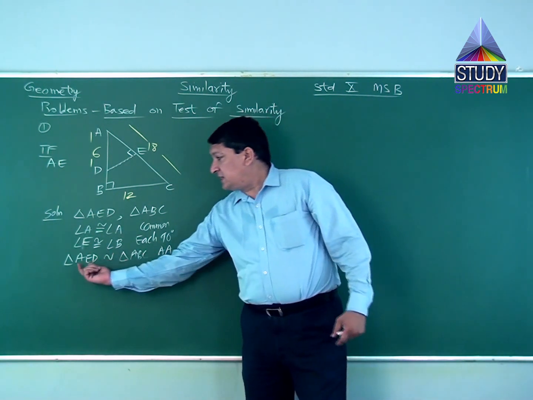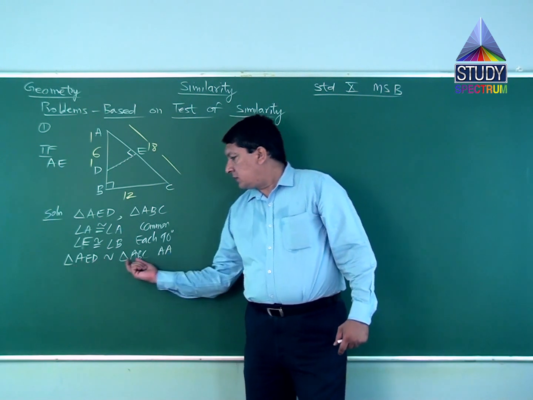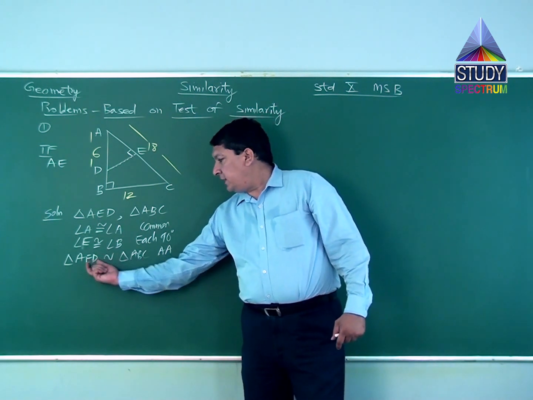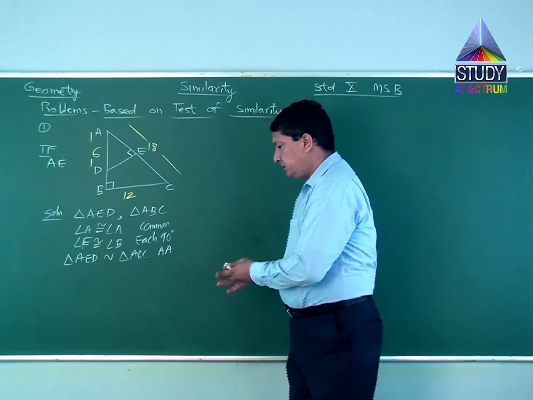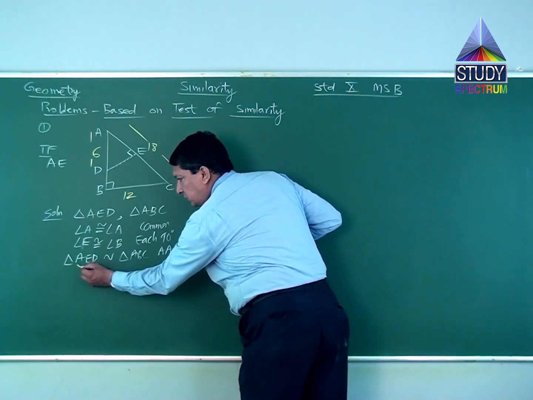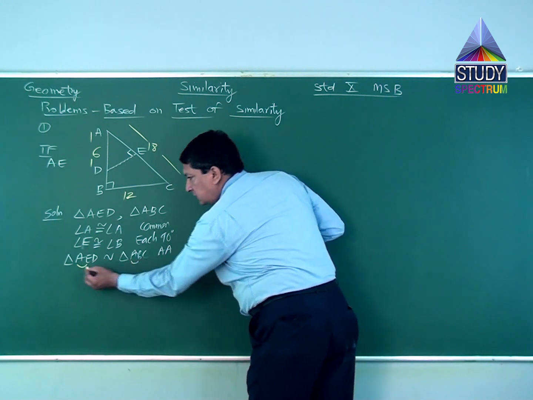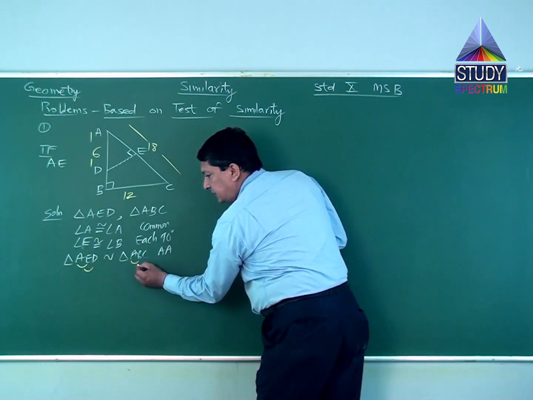Corresponding sides are AE, AB, ED, BC, AD and AC. This will make things easier for you. Look at this.